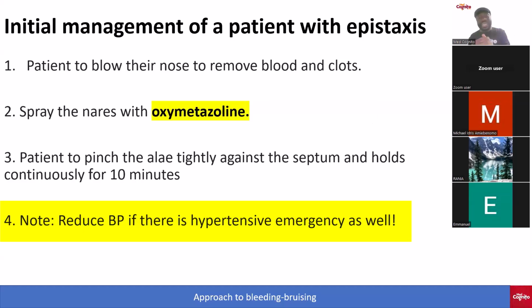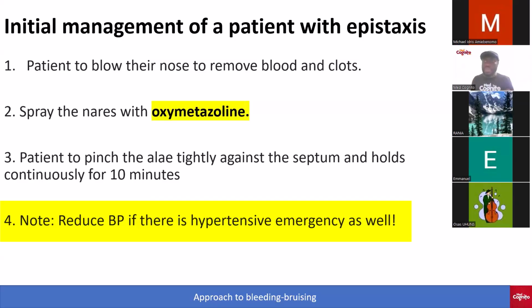If the blood pressure in the patient is normal, don't touch the blood pressure management. It's only when the patient is in a hypertensive emergency, severe hypertension with maybe some papilledema, severe hypertension with renal compromise, severe hypertension with chest pain. That is when you want to consider managing the blood pressure alongside epistaxis. So don't be in a hurry to just drop people's blood pressure like that.